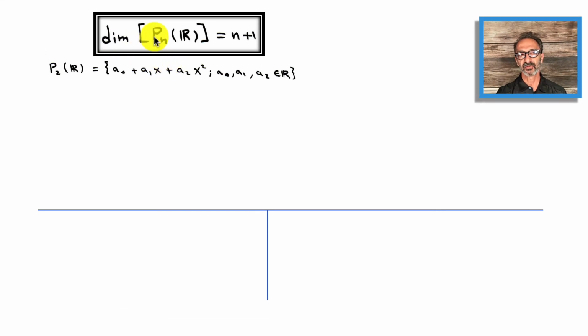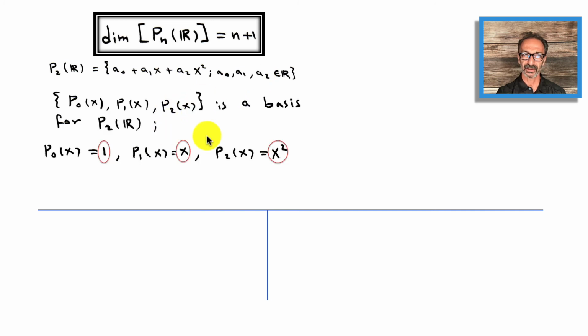The dimension of P_n is n plus 1. For P2, we need a sub 0 plus a sub 1 x plus a sub 2 x to the second. So we do have the scalars a sub 0, a1 and a2. So what are the bases? The bases are p sub 0, p sub 1, and p sub 2, and that's a 1, an x, and an x squared.